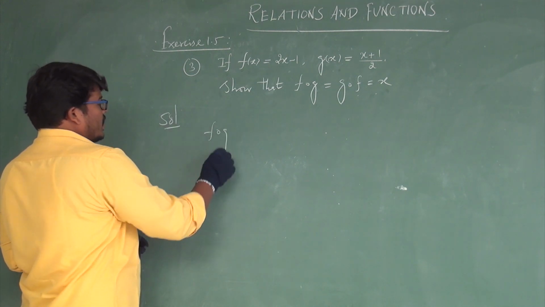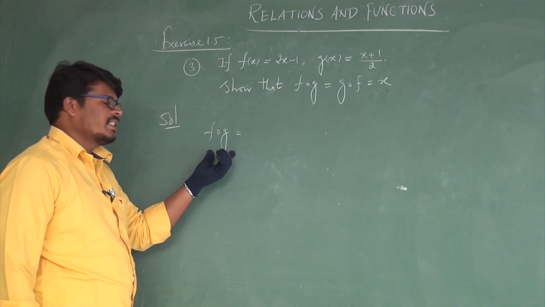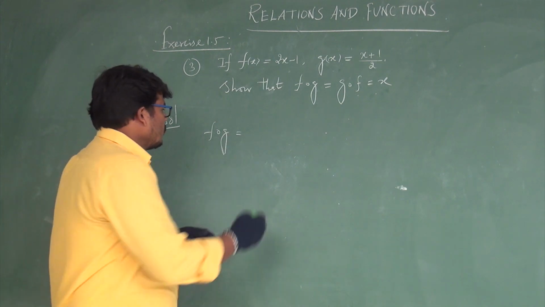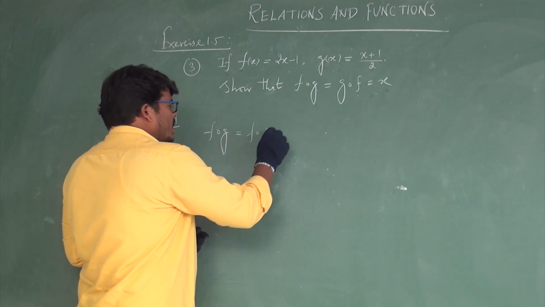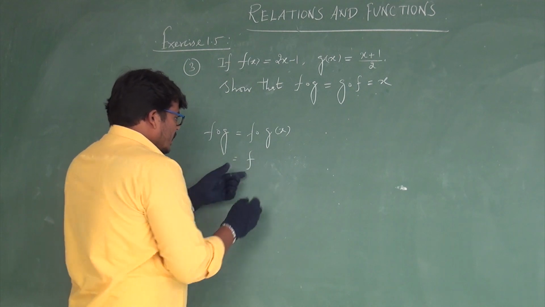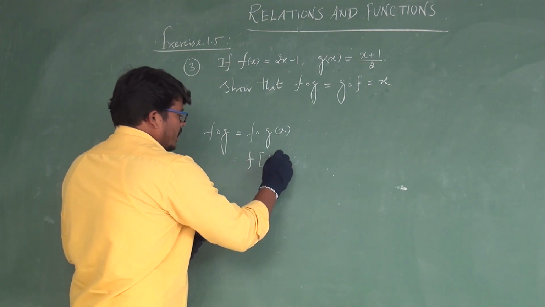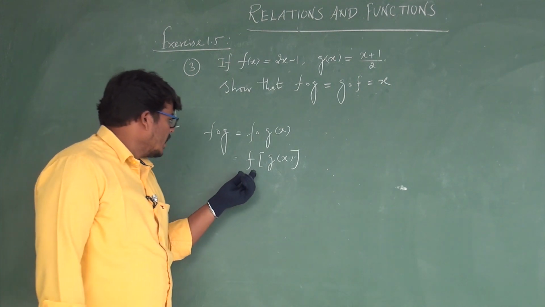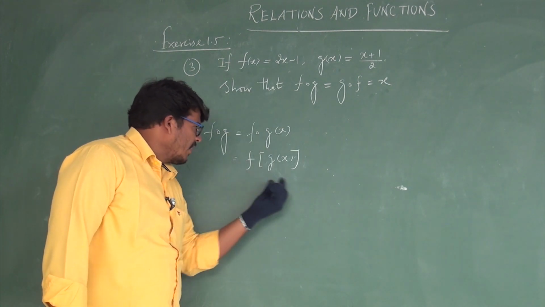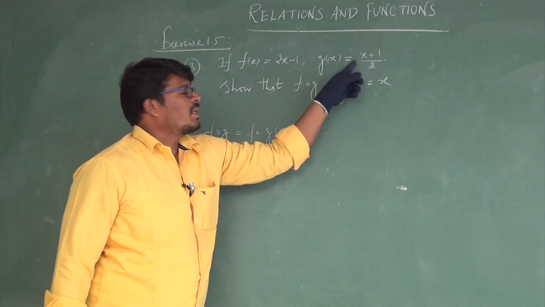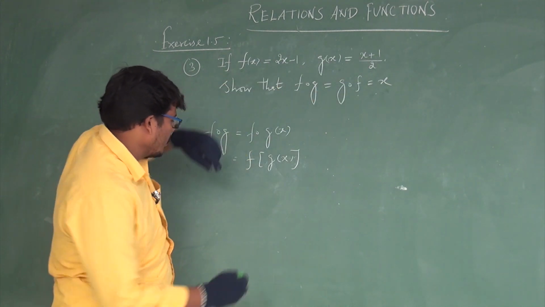f dot g is already written as f of g of x. Here, for f of g of x, given g of x is (x plus 1) by 2, substitute in this one.